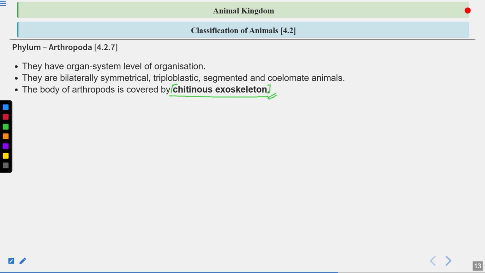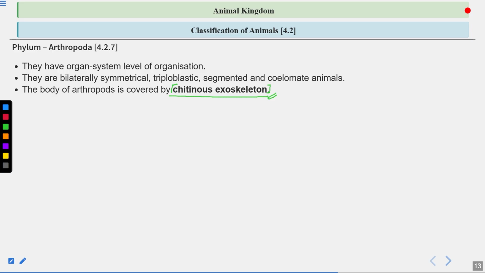Plants do not have a skeleton, but the cell wall made of cellulose provides some shape to the cell. In animals, generally we see an endoskeleton, but here they have an exoskeleton. Inside they are very soft, but from outside they are quite hard, right?